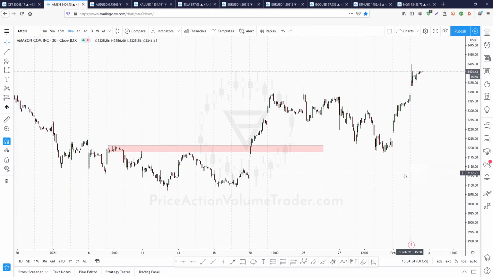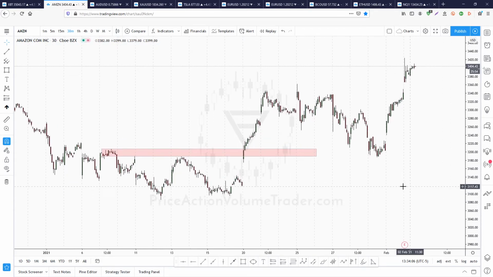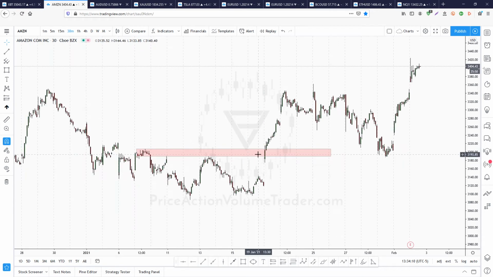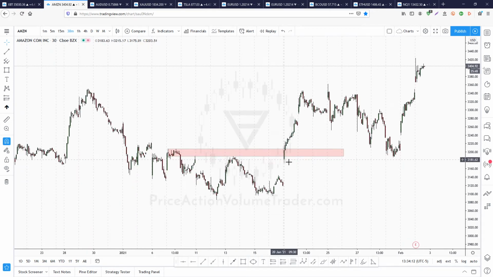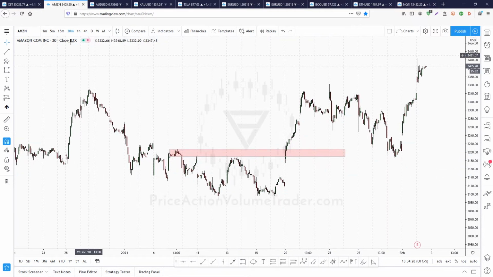In this case, we got the 30-minute. And it's important when you do this type of trade, you want to focus on your trading time frame, depending on what type of trader you are. Let's say you're a swing trader, usually you're going to be looking for the hourly, 4-hour, daily, weekly time frames, etc. So if you like to execute on the 1 hour, for example, then look for trade entries on the 1 hour.